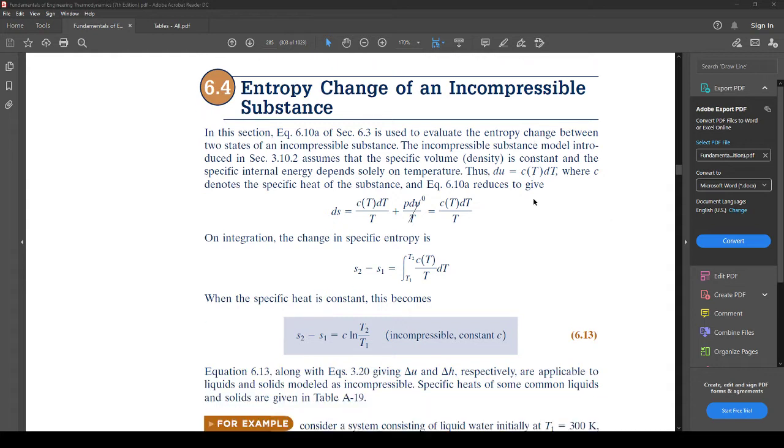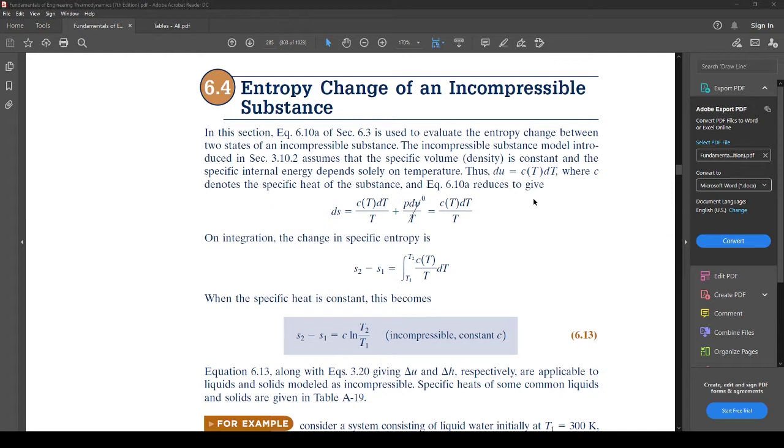All right. So now we have entropy change of an incompressible substance. It says in this section, equation 6.10a of section 6.3 is used to evaluate the entropy change between two states of an incompressible substance.